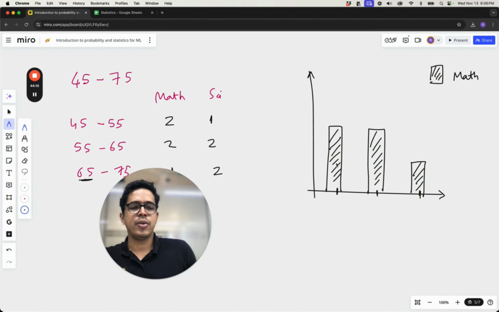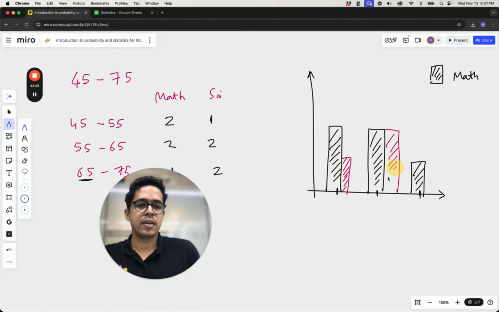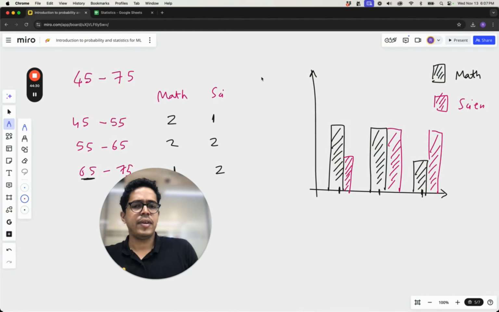Usually you can draw it as a continuous figure also. And for science, there is 1 student in the first bucket, 2 students in the second bucket, and 2 students in the third bucket. And this is science.